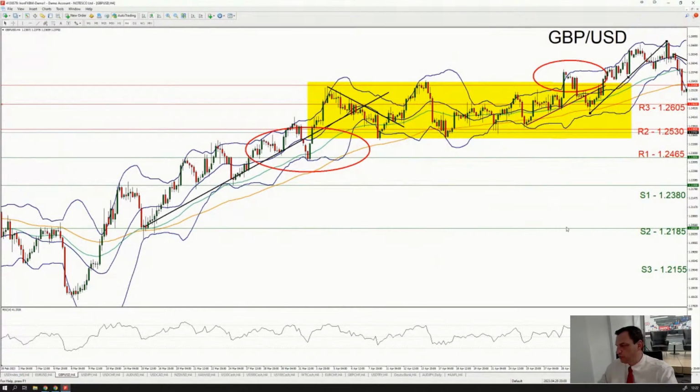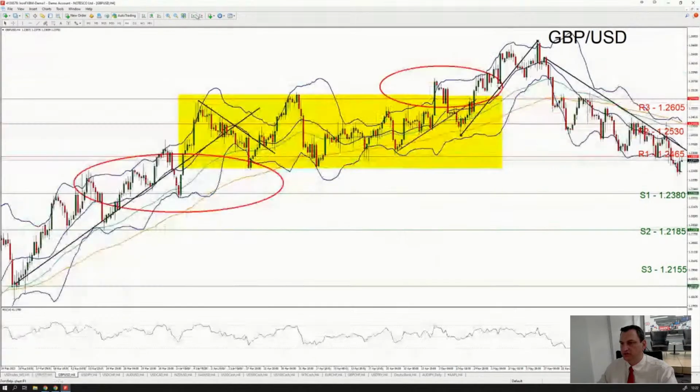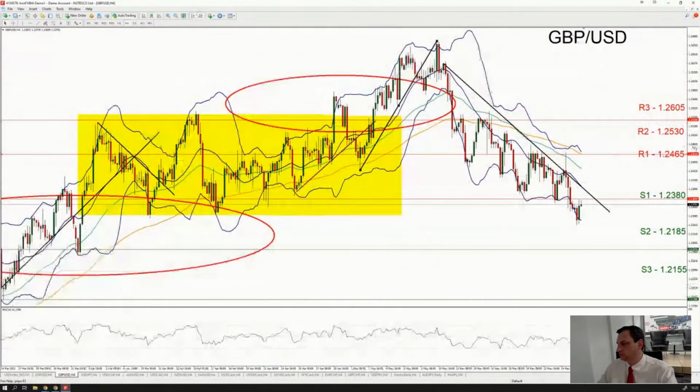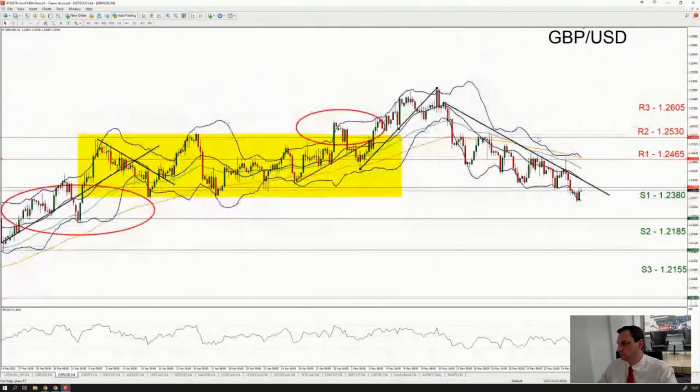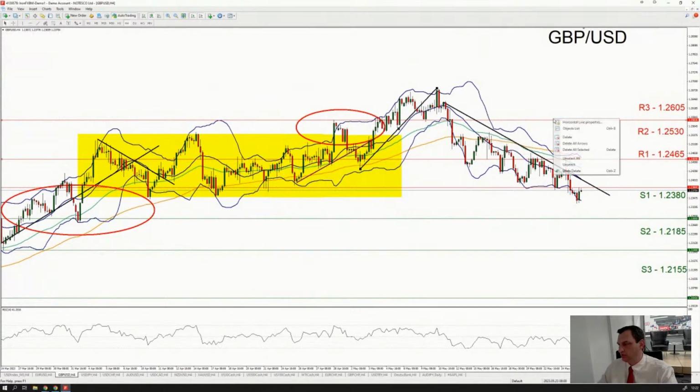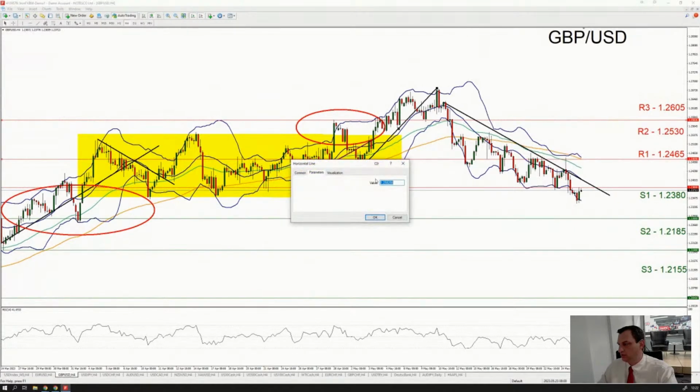We could make some readjustments also for the resistance lines. And this seems like a nice scenario here. Note how the level provided resistance here and support here. That would be the 1.2585.